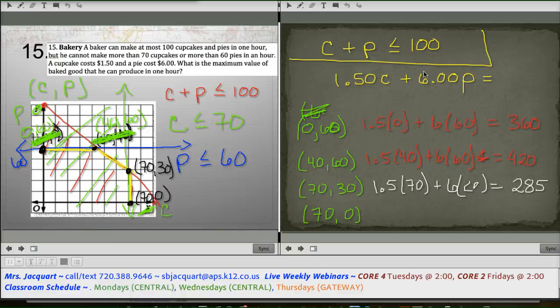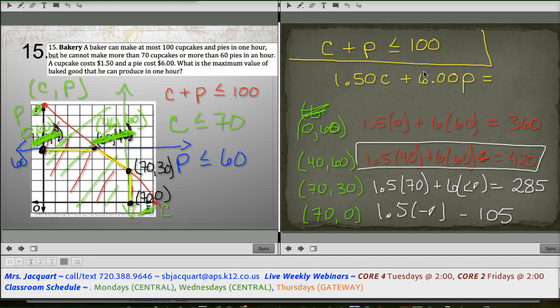And then if we only do cupcakes times 1.5 equals 105. So where we're going to max out, what's the maximum value of baked goods she can produce in 1 hour is $420.